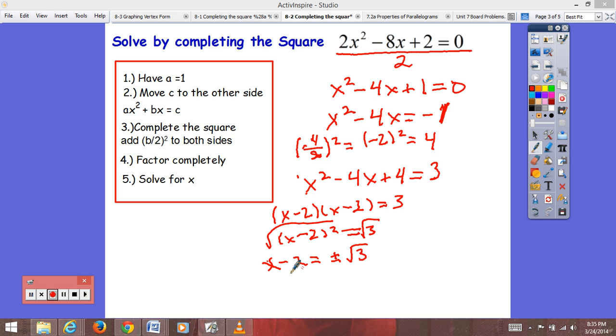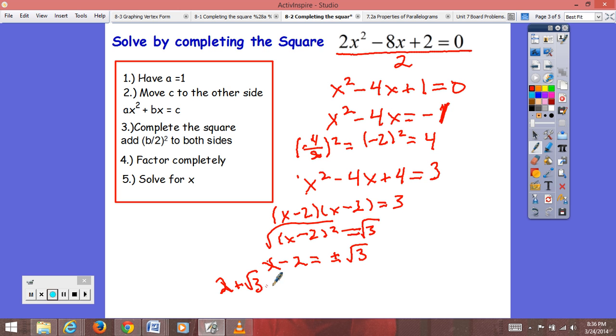Since it's negative 2 here, we'll have 2 plus the square root of 3. Do the math there, and it gives us 3.73 if we round to the hundredth. And then 2 minus the square root of 3 gives us 0.27 if we round to the nearest hundredth.